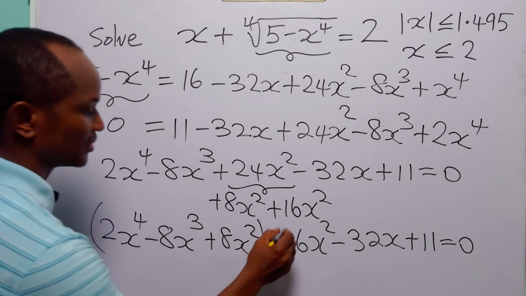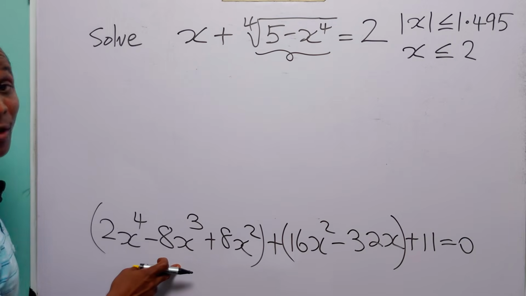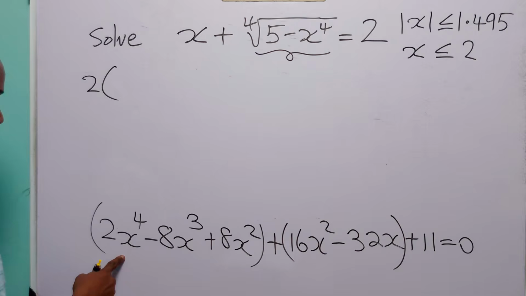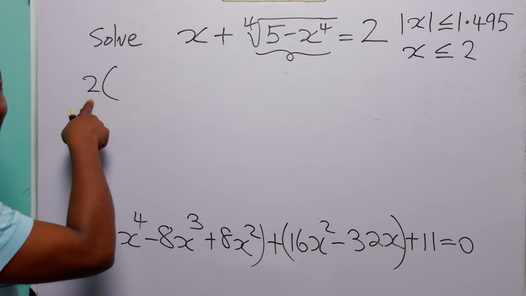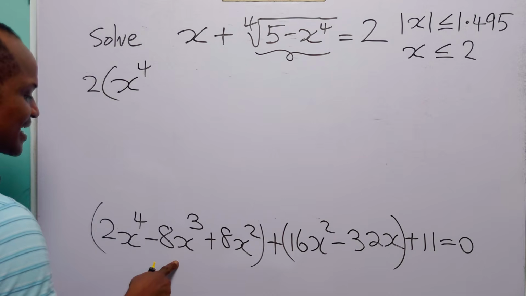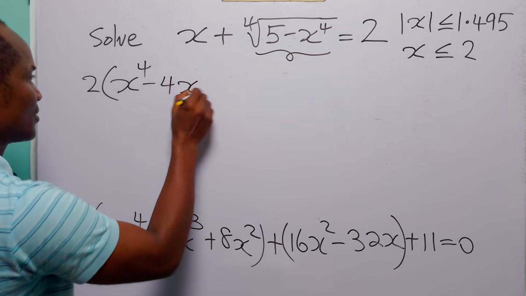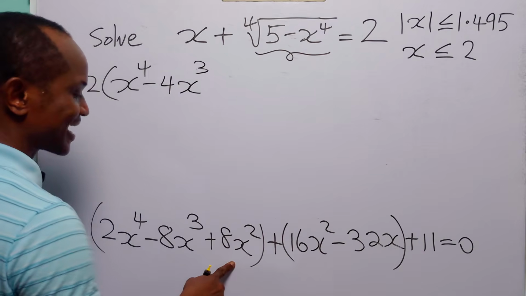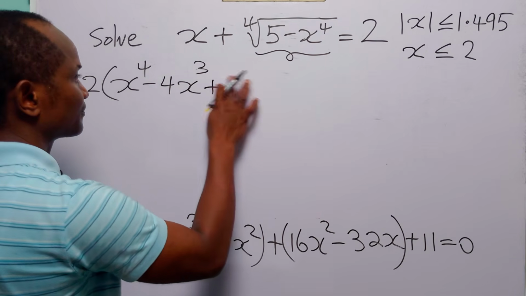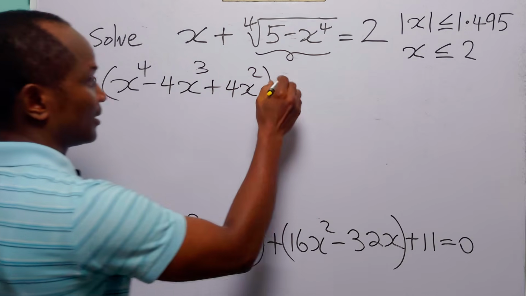Let us group these two. Now we can take 2 out of this bracket. So we have 2 into 2x to the power 4 divided by 2 is going to give us x to the power 4. Minus 8x cubed divided by 2 is going to give us minus 4x cubed. And 8x squared divided by 2 is going to give us 4x squared.